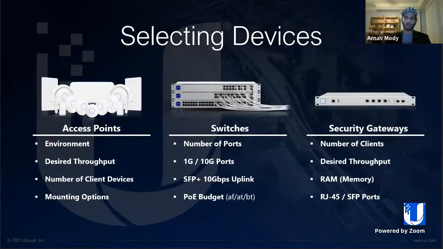Now we'll get into some of the details. When you're setting up your network, the first thing you ask yourself is how to select the devices. Of course, it's a bit complicated. When you have more than one device to choose from, you have to decide which is the best access point, the best switch, and the best security gateway for you.